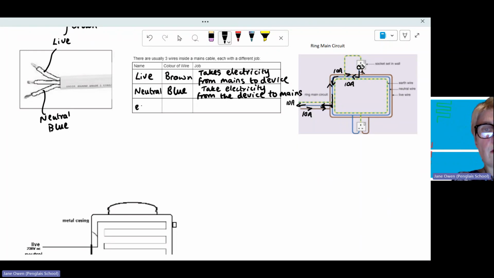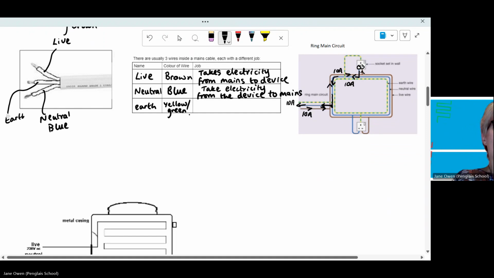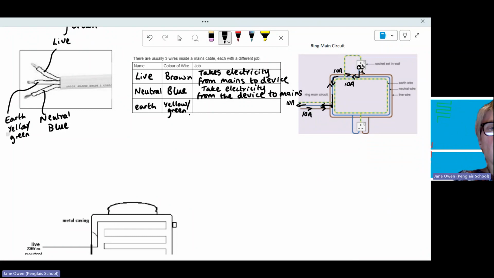Now the earth wire is yellow and green. Both of those colours are needed. So this one will be the remaining one, the earth, the yellow and green. And that acts as a safety feature.